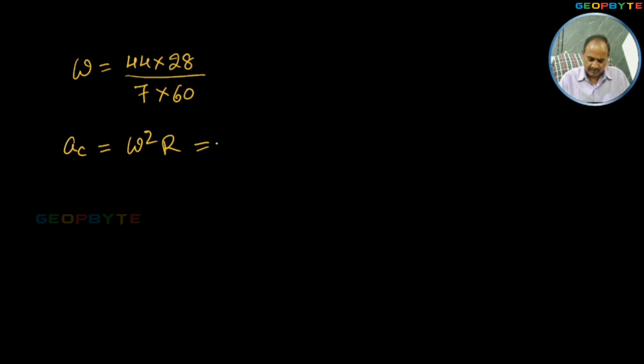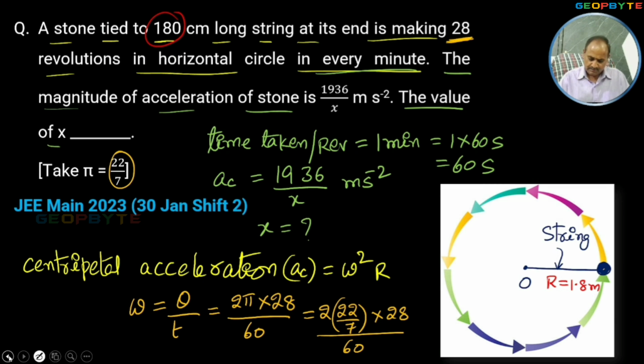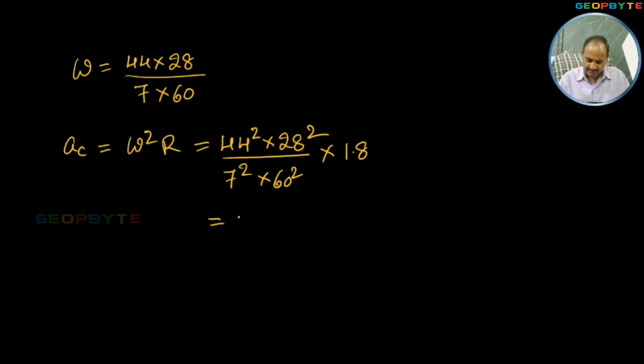Omega square is 44 square into 28 square divided by 7 square into 60 square, into 1.8. You simplify this value to get 1936 divided by 125.